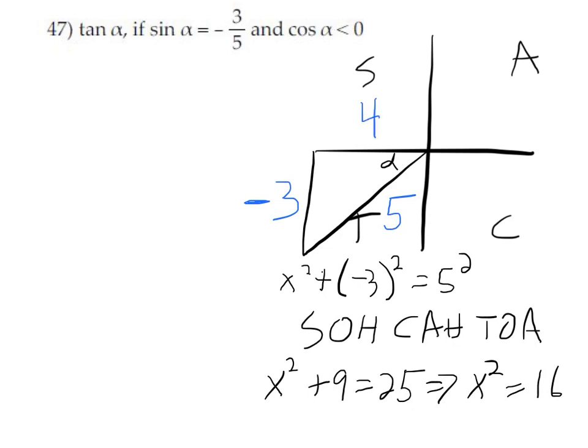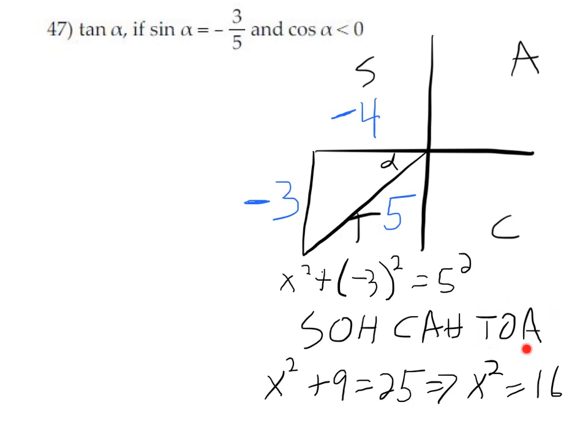Plus or minus, in this case it's minus, because left is a negative direction. Left and down are negative directions, that's why we have these two negatives. However, the hypotenuse is out, and out is a positive direction. In is a negative direction, and there is no in if you start at the origin, it's all out. So left negative, down negative, out positive. Hypotenuse is always positive. And we get to find tangent alpha.